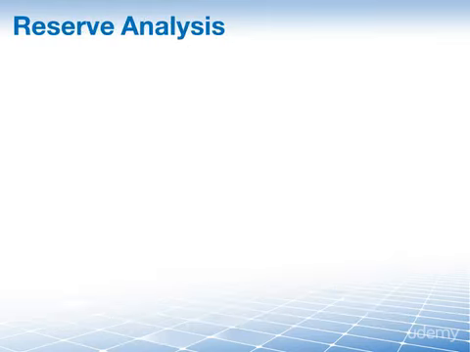Our next tool and technique is the reserve analysis, and the PMBOK guide defines 2 types of reserves: the contingency reserve. This is budget within the cost baseline or performance measurement baseline that is allocated for identified risks that are accepted and for which contingent or mitigating responses are being developed.